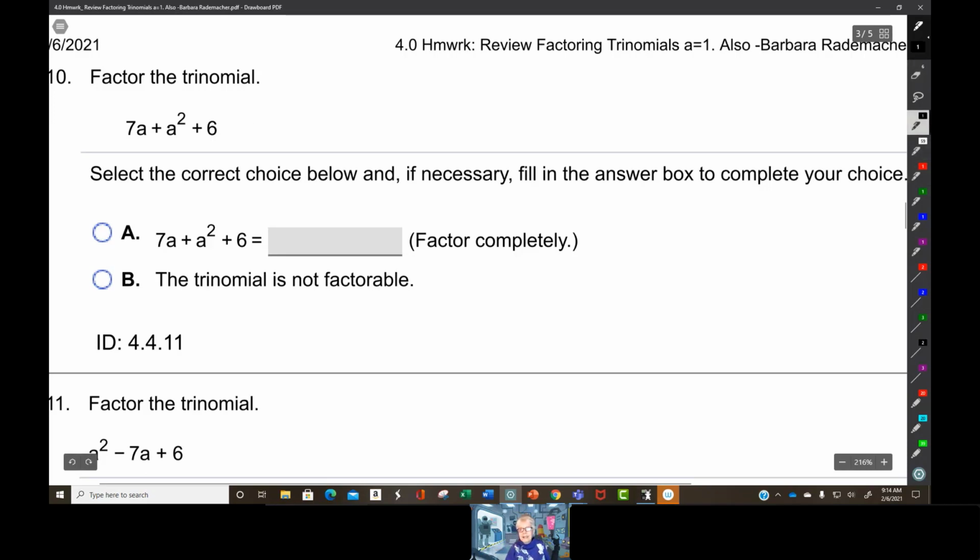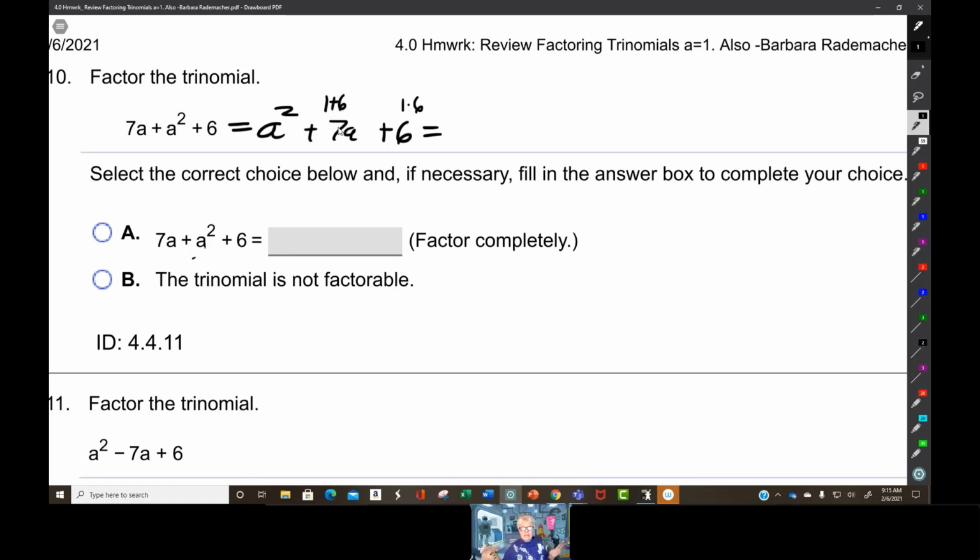I have to write this in descending order. And when I do, what do I get? I get a squared plus 7a plus 6. And just to get this out of the way quickly, 6 factors into 1 times 6, and 1 plus 6 equals 7.